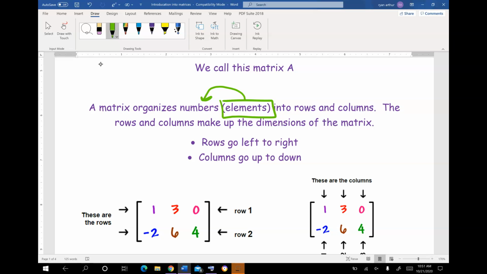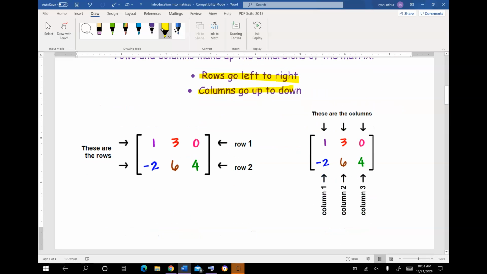It organizes the elements into rows and columns. The rows and columns are what make up the dimensions of a matrix, all right? Now, your rows go left to right, and your columns go up and down, all right? So if you look at this image, these are rows, and then these are columns, okay?